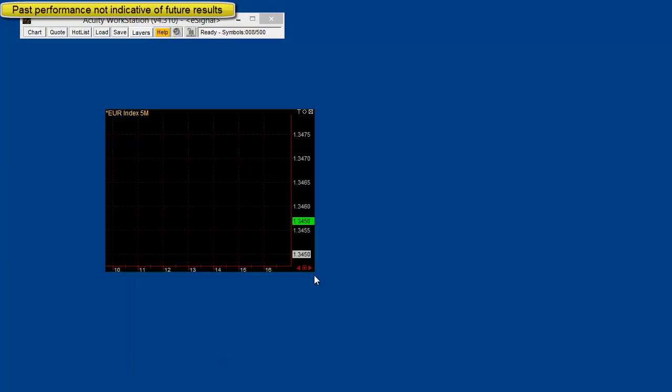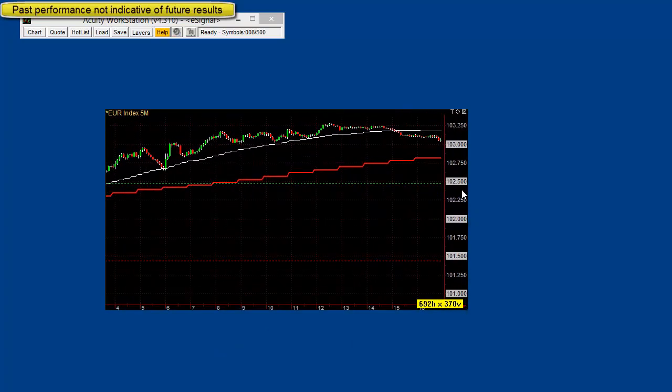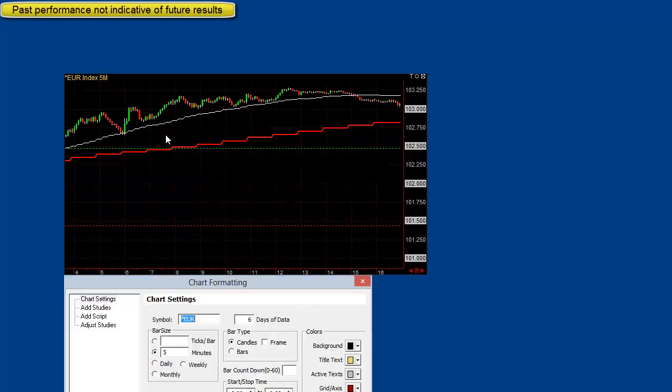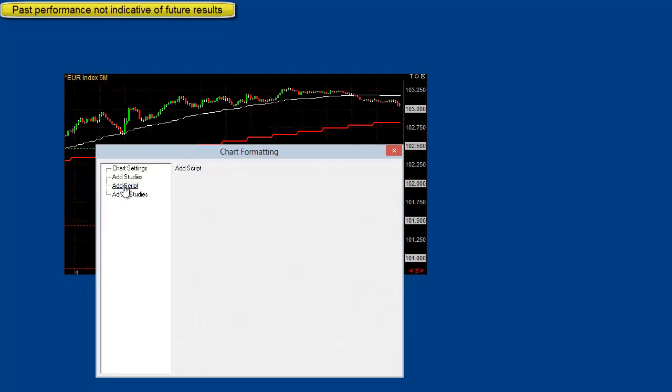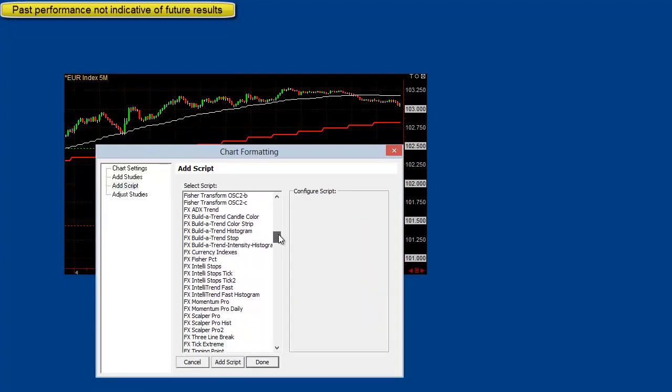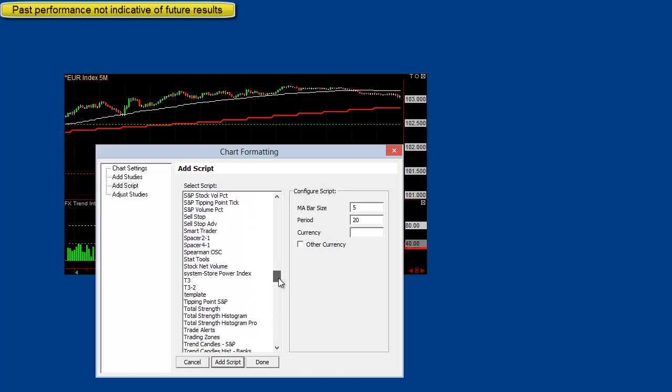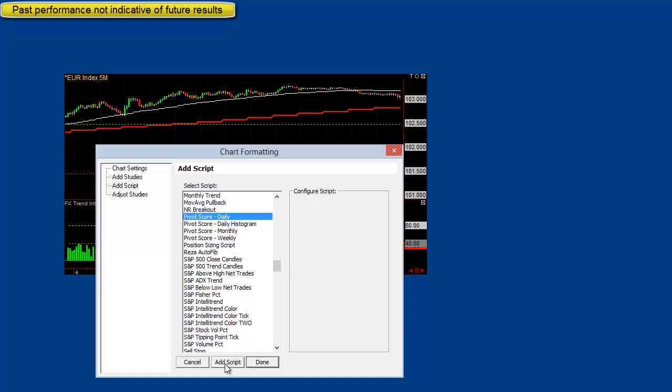Once you do that, it's going to calculate the index, and you can see it's plotting a chart. This is actually a euro index. Now you can then add some of our statistical tools like our FX trend intensity and pivot score daily, weekly, monthly to see the statistical daily, weekly, and monthly strength, weakness.